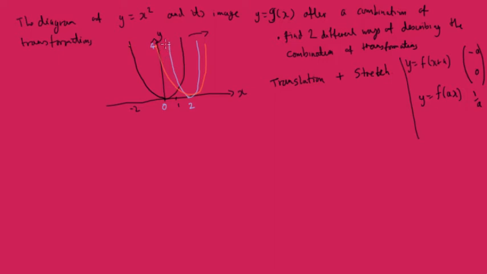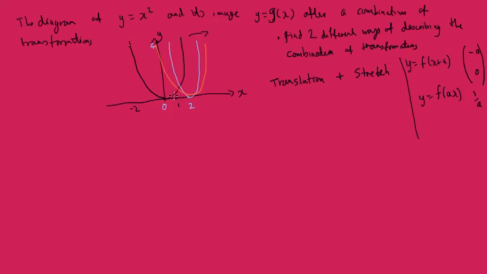Then, let's think of if we did a stretch with this and did it by half. So that's at minus 2, and we've moved it by 2. So 0's here.